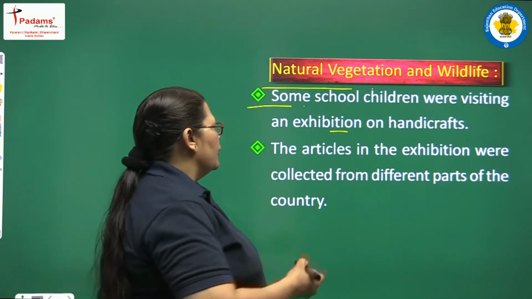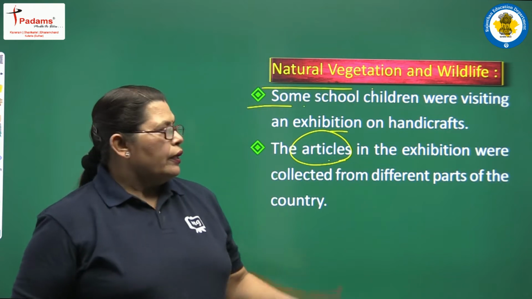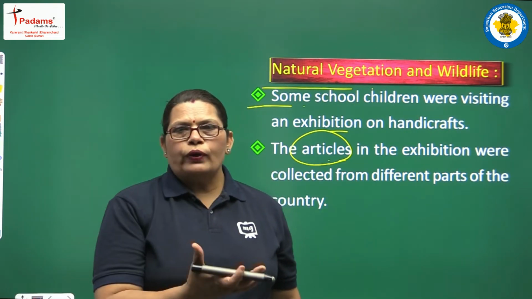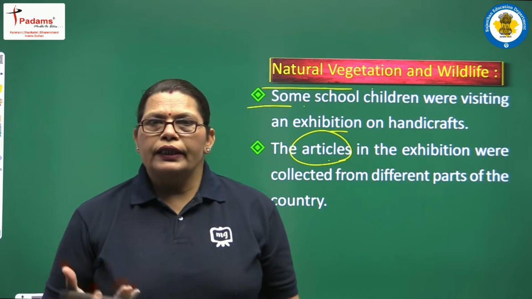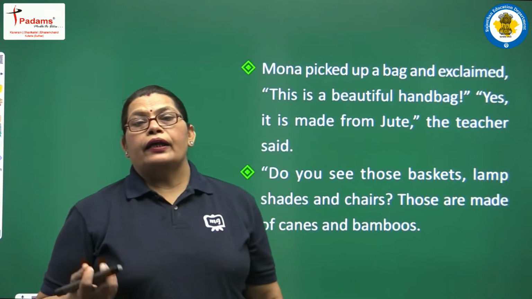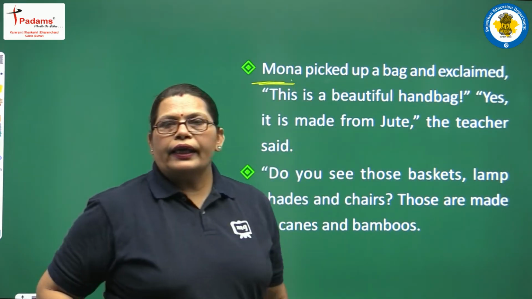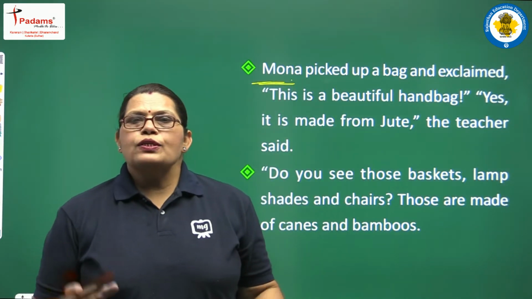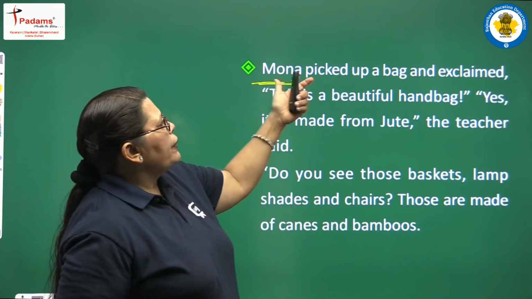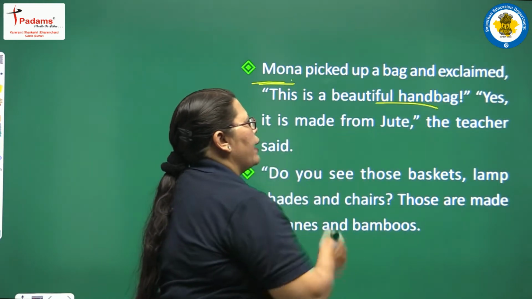Let's see. The articles in the exhibition were collected from different parts of the country. Not only from one state or one region, these articles were collected from different parts of the country. We are taking the example of Mona. Mona picked up a bag and exclaimed, "This is a beautiful handbag."